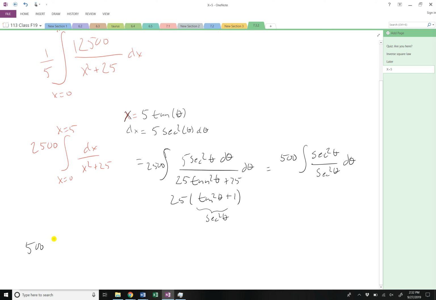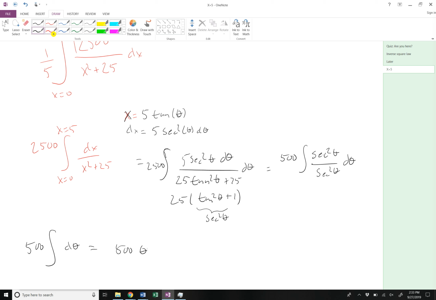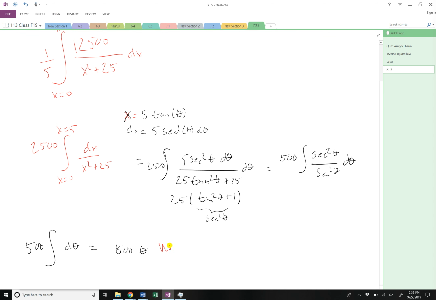Okay? And I can substitute those in. At 5, I get 500 inverse tangent of 5 over 5, which is 1, minus inverse tangent of 0 over 5. Okay, so let's think about these.